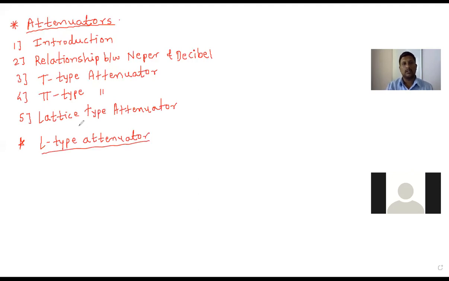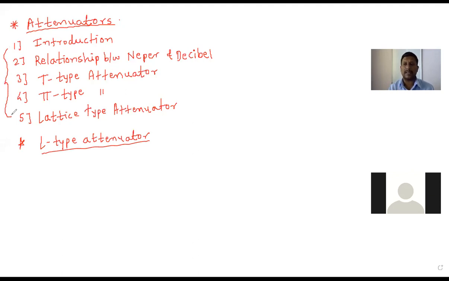These 5 points we have to discuss under the attenuator. Today we can complete the introduction part, then the relationship between Neper and Decibel, and then the theoretical part of T-type. The numerical example based on T-type we can cover in the next lecture.